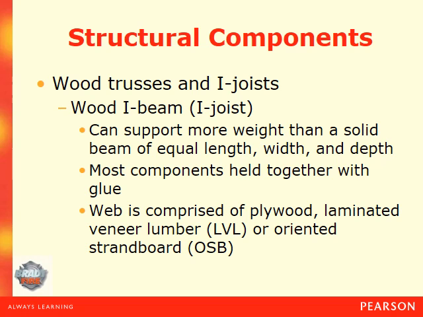Of course, the web is comprised of plywood, some sort of laminated veneer lumber, or OSB, oriented strand board. And again, those are engineered wood products, meaning that they are not one continuous piece. So it's something that's held together with something else.